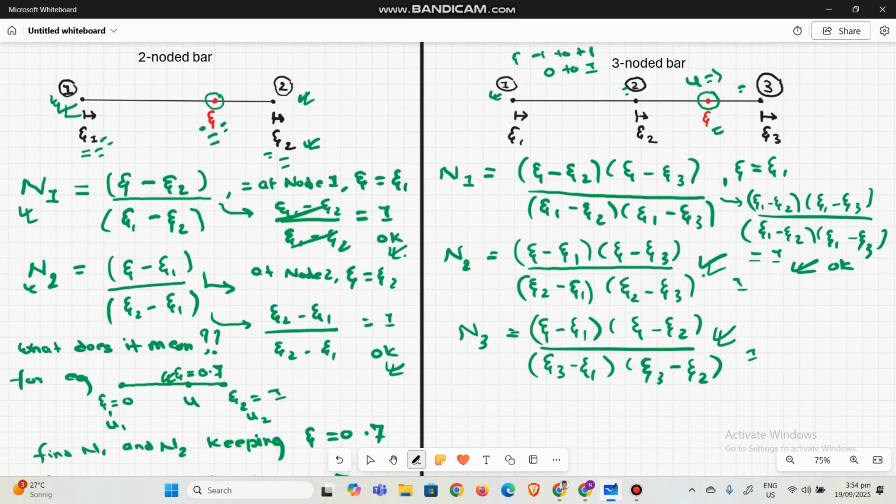Then you just put the value of xi as your local coordinate and find the displacement using the formula u equals N1 u1 plus N2 u2 plus N3 u3. And this is the ultimate advantage of finding the shape function.